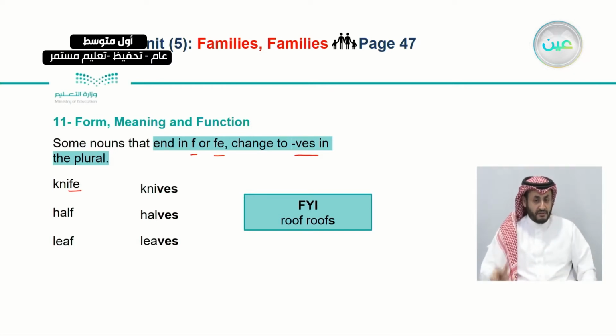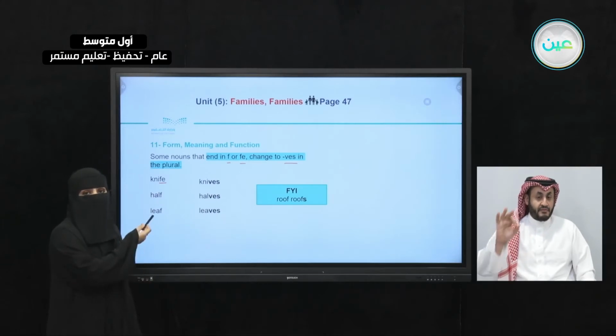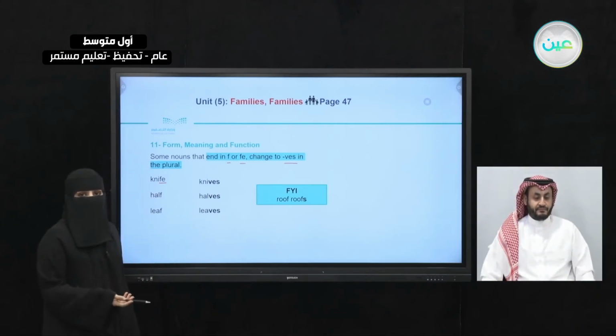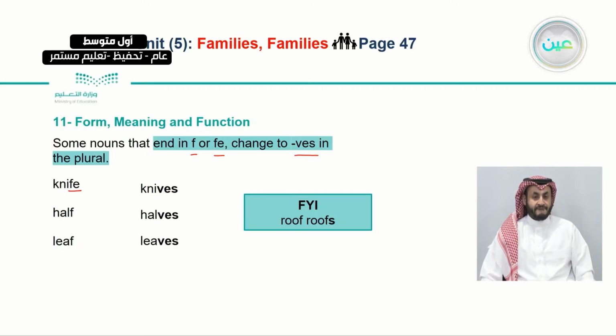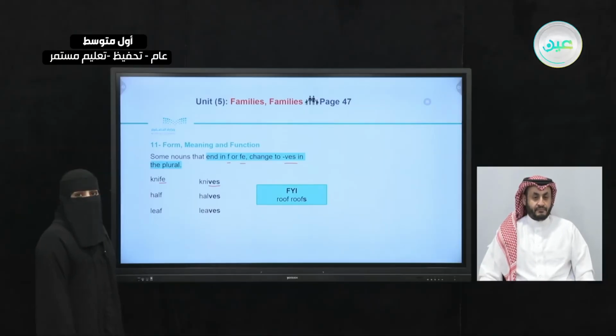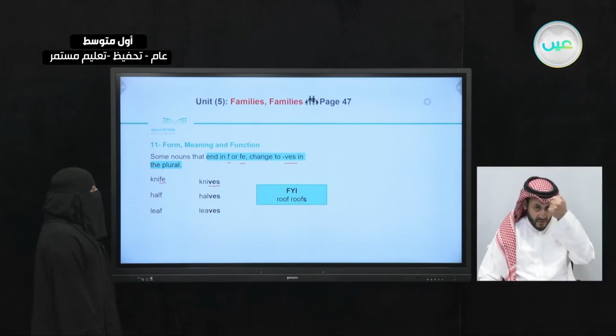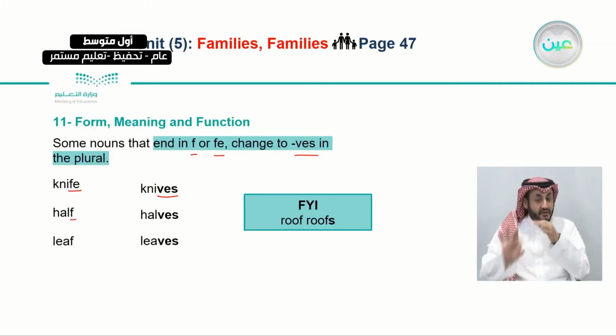So if I have more than one knife, what should I do? Two or more. In this case, I need to change the FE into VES: knives. How's that? Okay. How about half? What should I do? Look back.